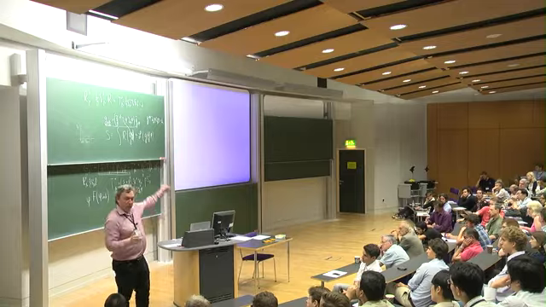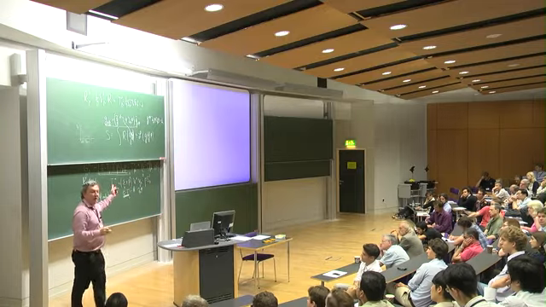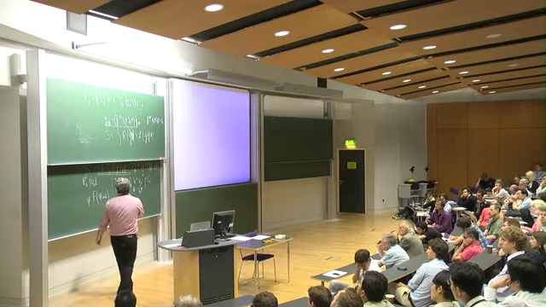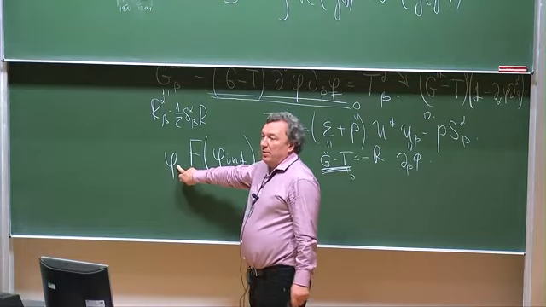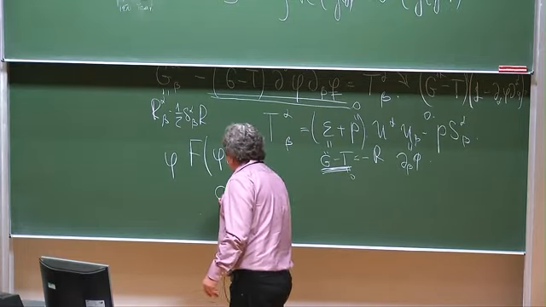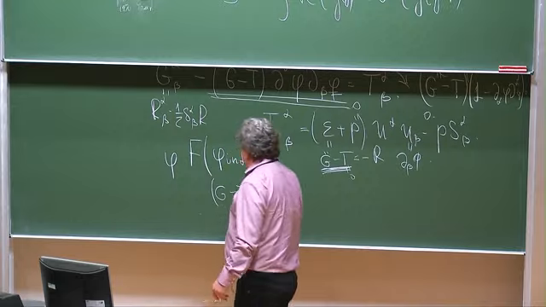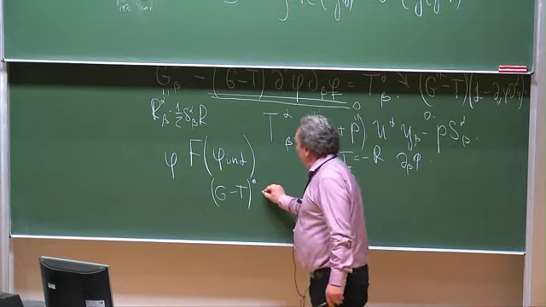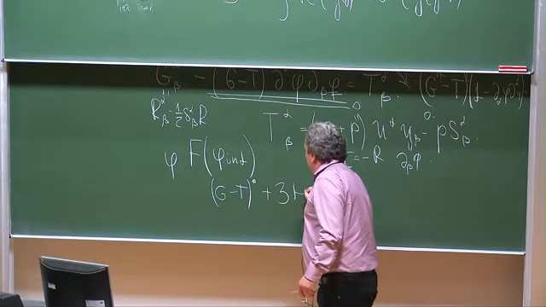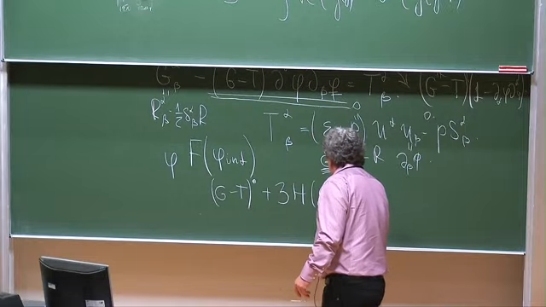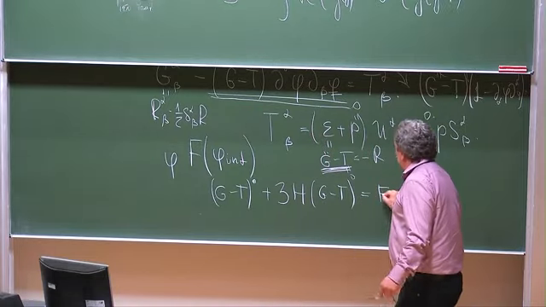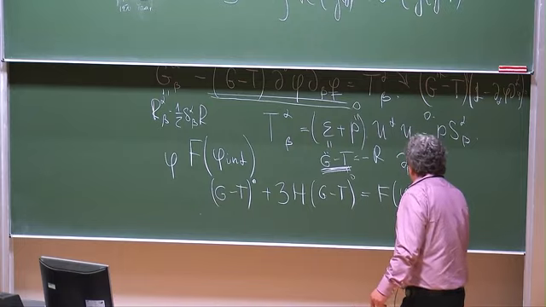It's never 0 because it satisfies this kind of condition. And then on inflation, if there is this coupling term, the equation for g minus t becomes like this one: g minus t time derivative plus 3h g minus t is equal to this function which depends on the inflaton.